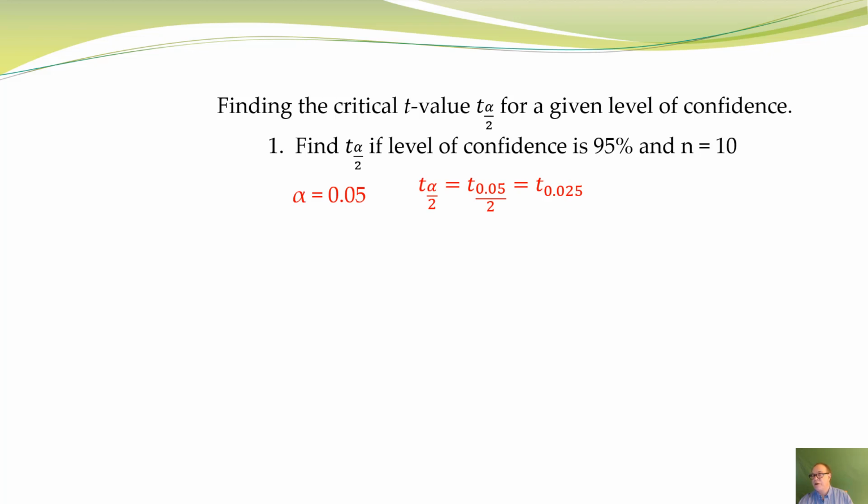From earlier chapters, for z sub alpha divided by 2, the value in the subscript is equal to the area to the right. So t sub 0.025 means the area to the right of t is 0.025. n is 10, so degrees of freedom would be 10 minus 1, 9.